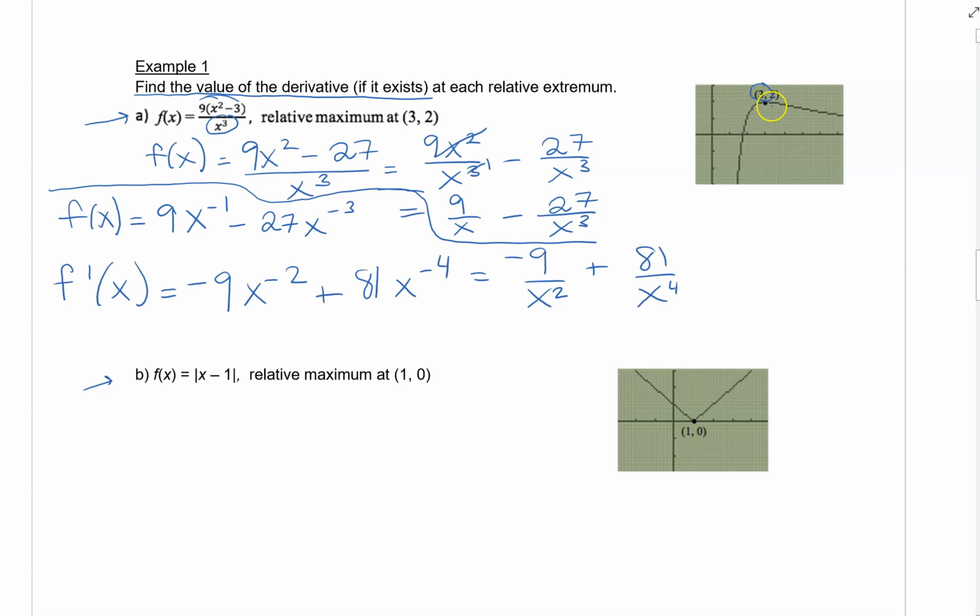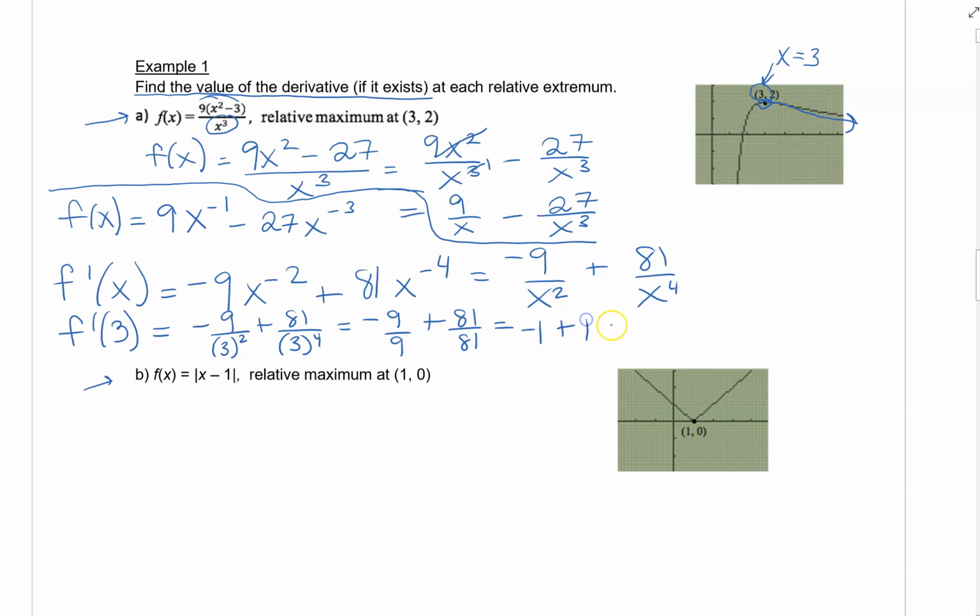Now in the graph over here, we can see the function was increasing. It hit a high point when x was 3 and then began to decrease after that. So what I'm going to do is evaluate f prime at 3. So I get negative 9 over 3 squared plus 81 over 3 to the 4th, which is negative 9 over 9 plus 81 over 81.